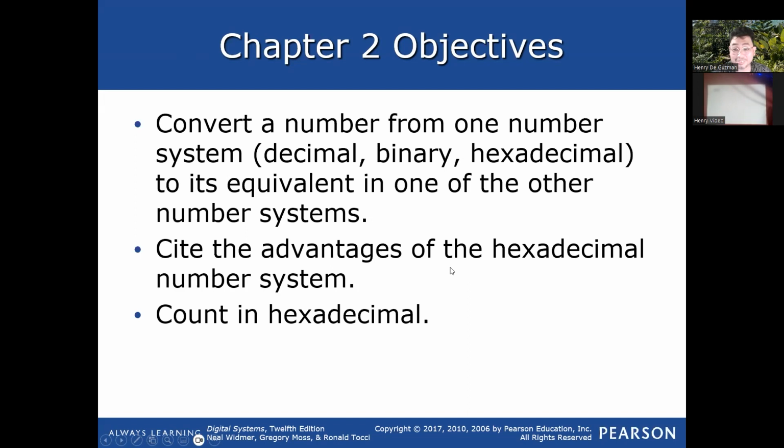Most of us know how to count in decimal. The symbols are 10, 0 to 9. After 9, it will reset to 0, but the second digit will initiate to 1, and so on. But for hexadecimal, there are 6 additional characters.